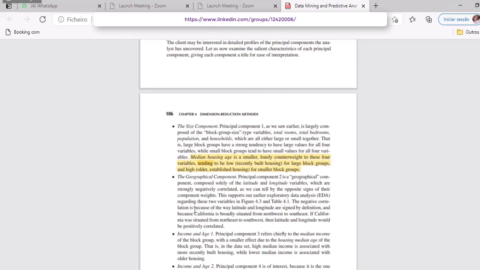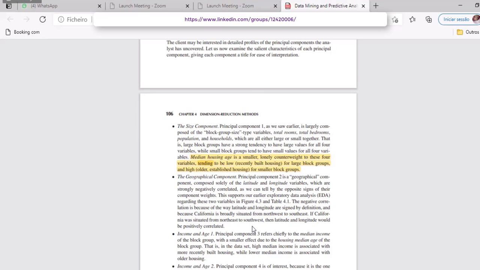The second component, we call it the geographical component, which is composed of latitude and longitude that, as I understood, correct me if I'm wrong, are negatively related, and all of this has to do with the shape of the state of California, right?